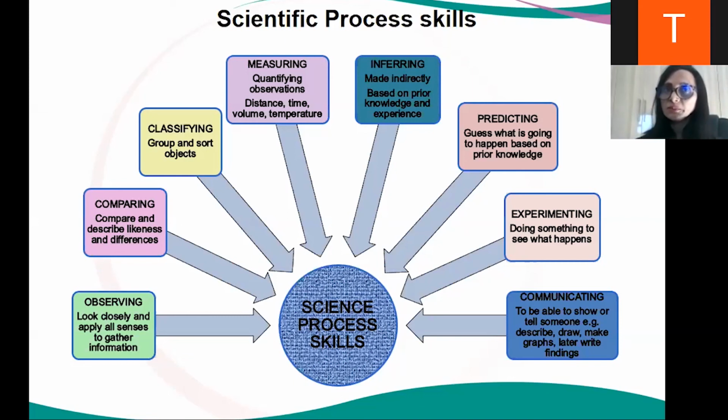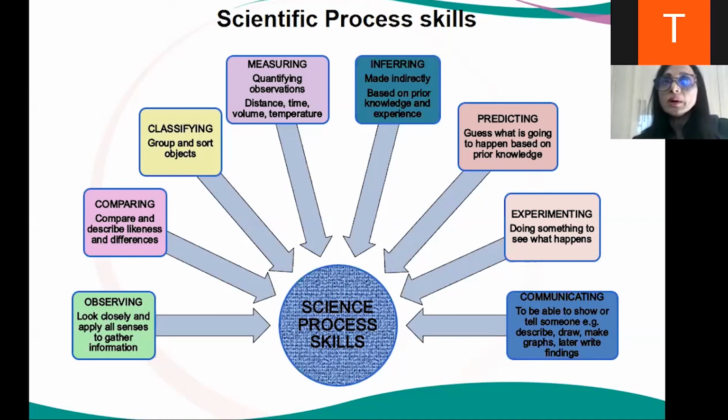For example, what do you think will happen if I use a thicker stick to make the kite? Experimenting is doing something to see what happens, and communicating is to show or tell someone, for example, describe, draw, make graphs, write findings, and so forth. And even communicating is a skill that can be used with every single experiment.